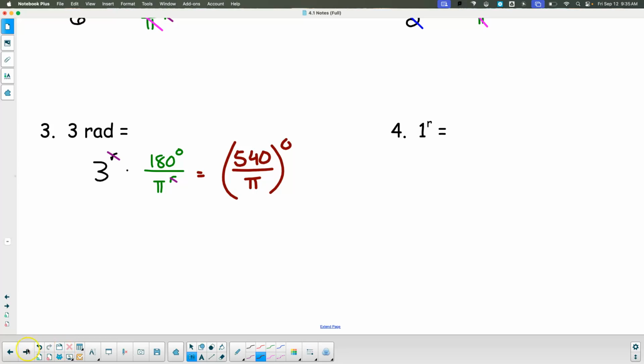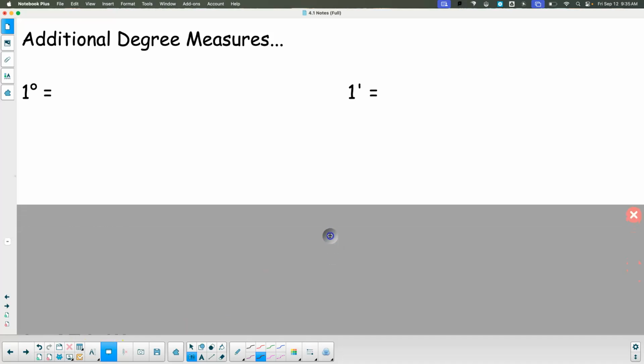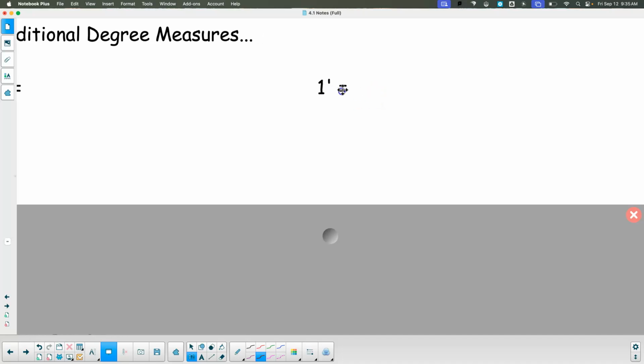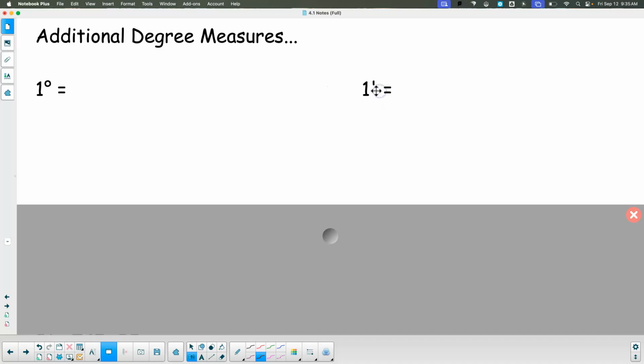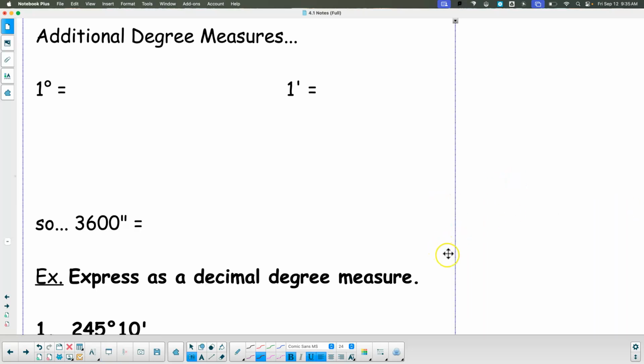So, as I said before, there are some additional degree measures. Now, why didn't this not? Oh, my Lanta again, failing you even more. We'll just get rid of it.